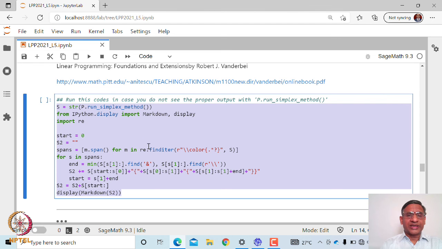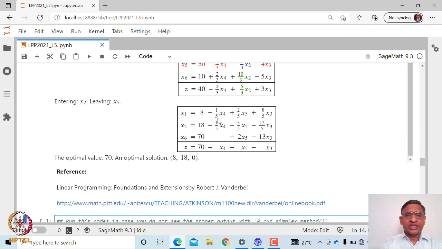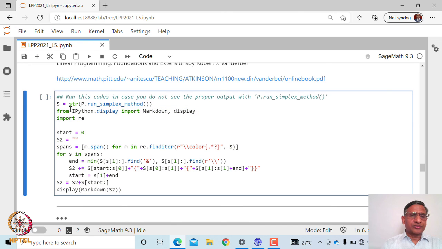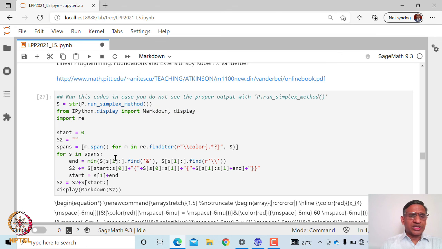In case you find that this is not displaying the steps properly, you can try this code, where we convert the output of P.run_simplex_method into a string, and then use the display from the Markdown package of the IPython package. So let me run this.